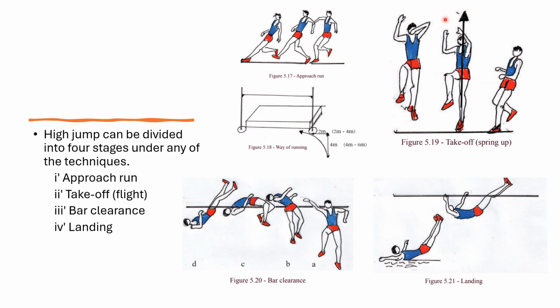Now it's not much seen in this figure, but if you look at 5.20, the bar clearance image, you can see how he's bending his takeoff foot towards the landing area. So that basically starts at the takeoff stage.